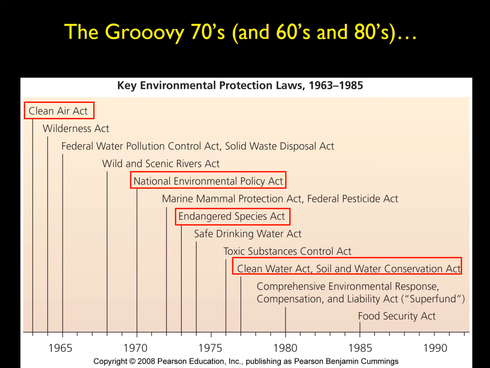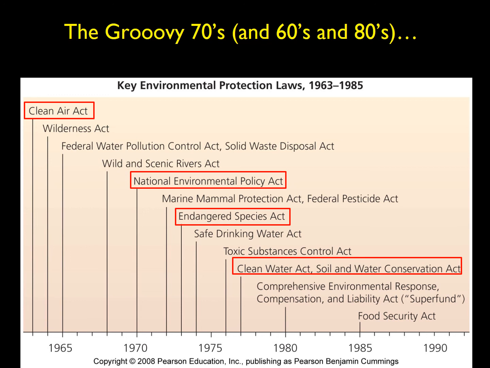The first was the Clean Air Act in 1963. This Clean Air Act was mandated at the national level and required states and counties to protect the air and monitor certain pollutants. And if it didn't meet the national standards, then there was funding to help meet those standards. The National Environmental Policy Act came along in 1970, and we'll talk more about that in just a second.